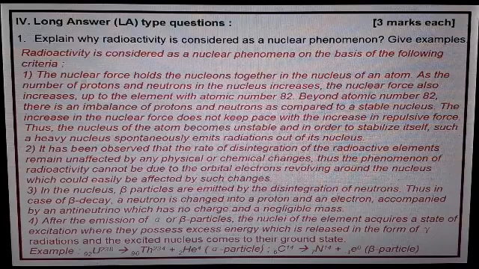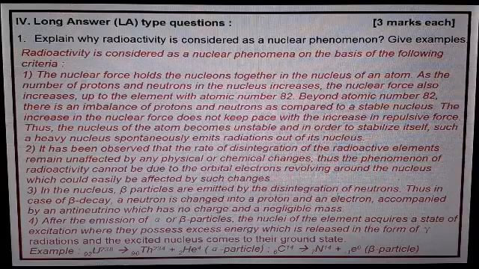So the increase in the nuclear force does not keep pace with the increase in the repulsive force. Thus the nucleus of an atom becomes unstable, and in order to stabilize itself, such a heavy nucleus spontaneously emits radiation out of the nucleus. This is one proof why radioactivity is a nuclear phenomenon.